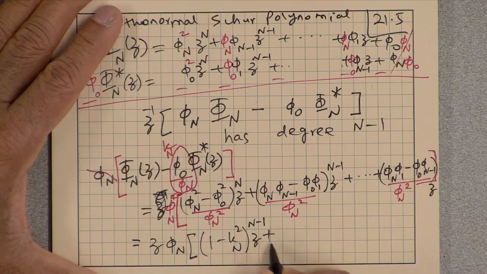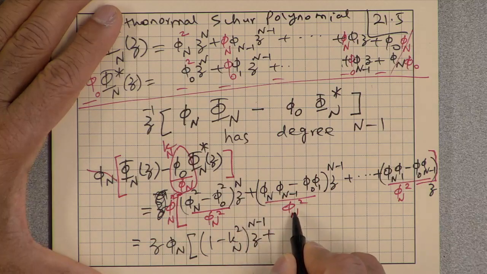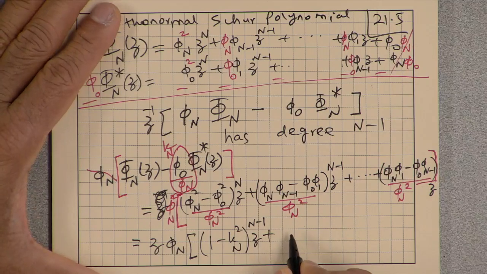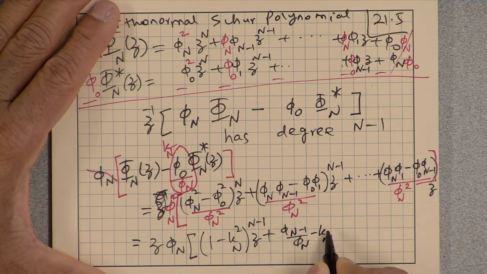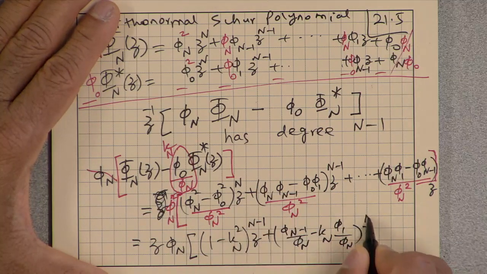Plus phi n, which cancels out with one phi n, so we are left with phi n minus 1 by phi n minus phi 0 by phi n, which is Kn times phi 1 by phi n. It doesn't probably matter all that much.